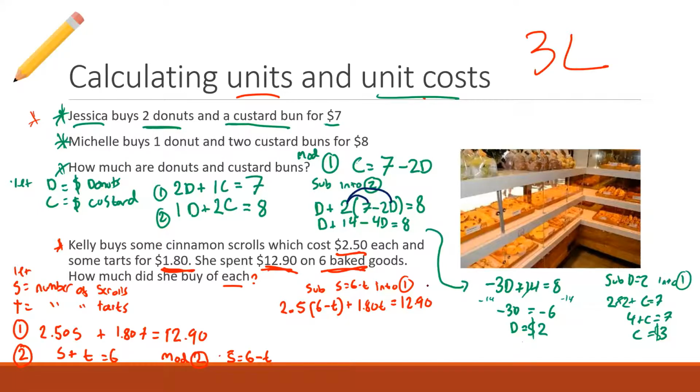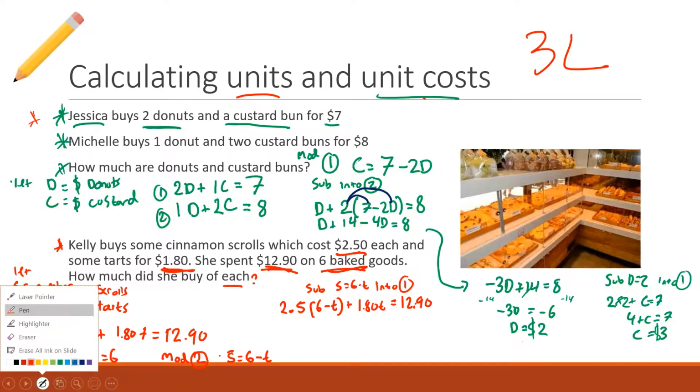The advantage of this is eventually this should come out to be a nice, round number, like one scroll and 5 tarts. If you wanted to, you could just guess each of these individual things and see if you can get the answer. But let's work this out.